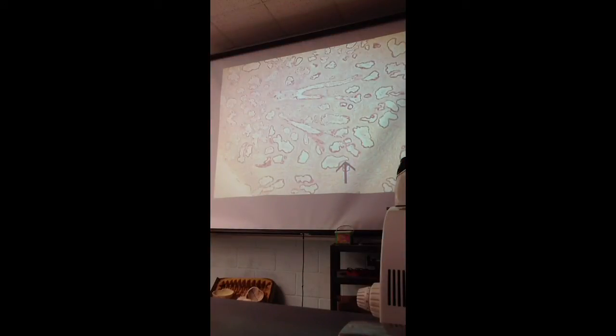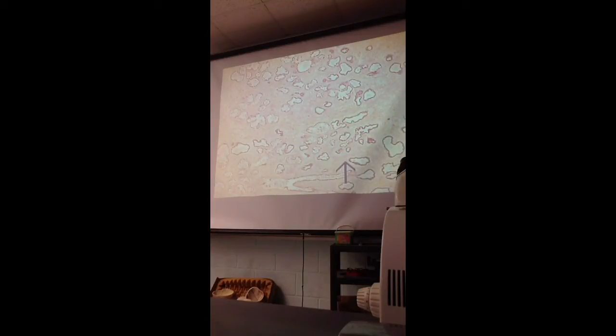Now we'll be looking at the prostate. Prostate is a tubulo-alveolar gland. So the gland has lots and lots of tubules and alveoli. All these alveoli produce secretions that are dumped into these tubules, and all these secretions are dumped into the ejaculatory ducts.